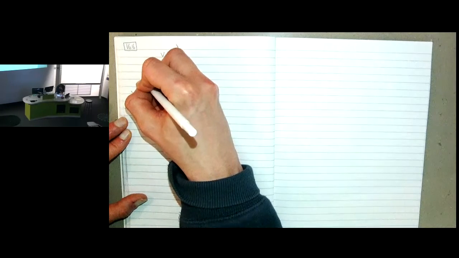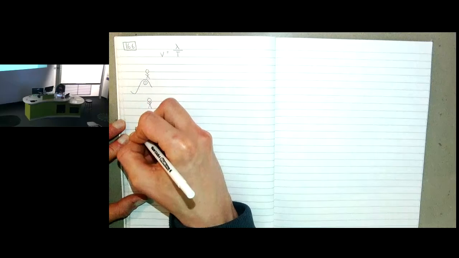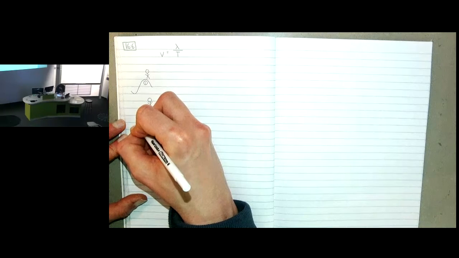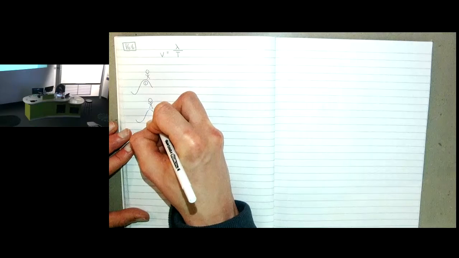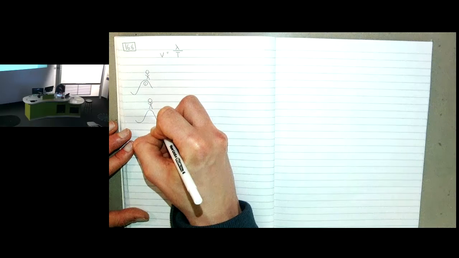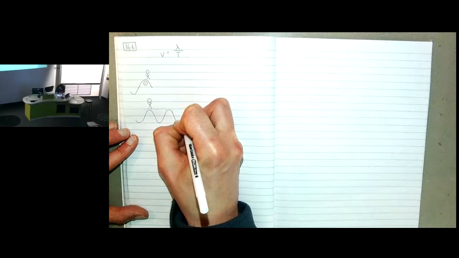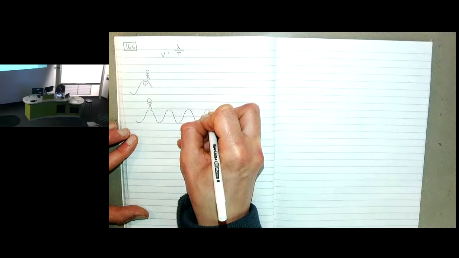Let's label this wave crest as 1. When he finishes observing, the wave is going to look more like this, because now this wave crest will have moved up, but he's counted 1, 2, 3, 4.